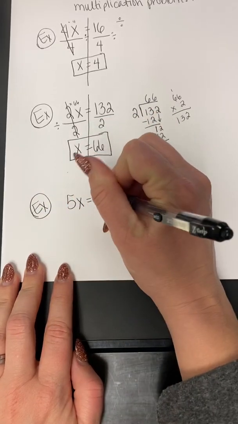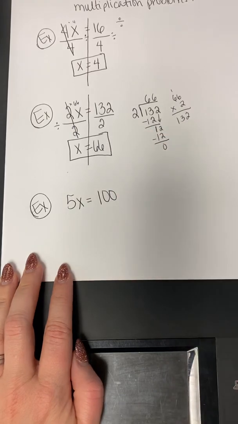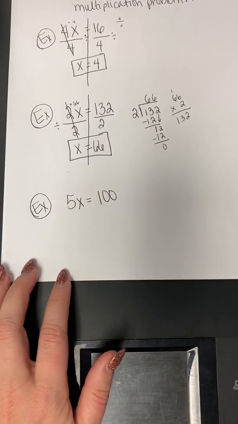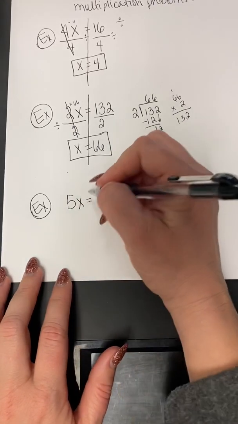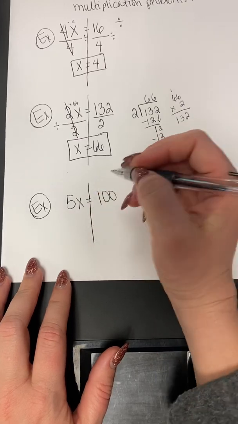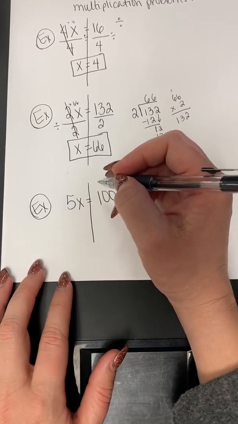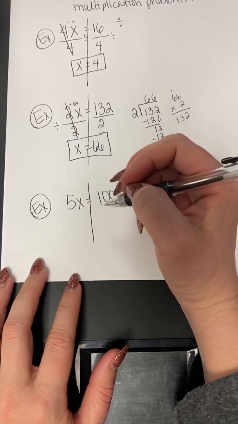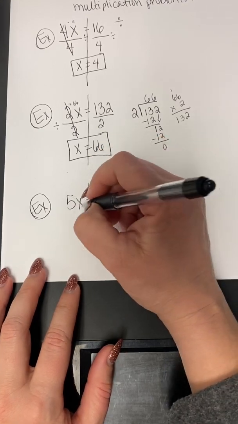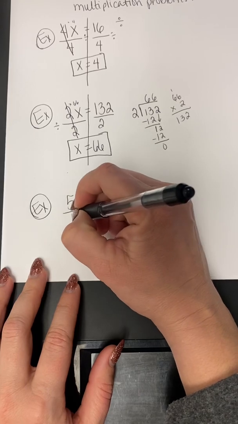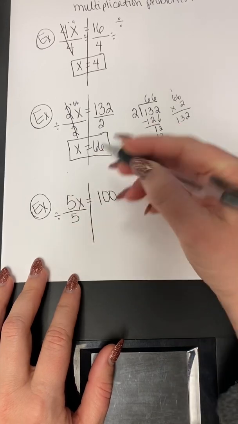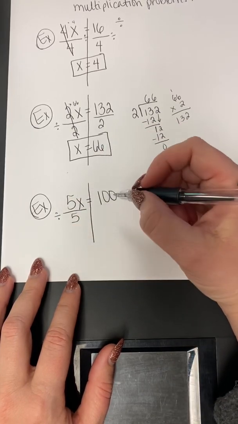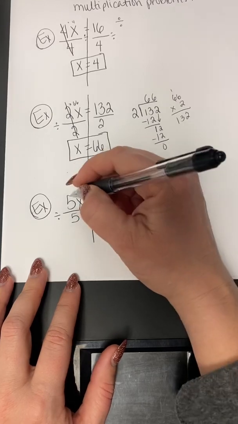5x equals 100. What's our variable? It's x. What's keeping x from being by itself? The times 5. What's the opposite or the inverse operation of multiplication? It's division. And we want to divide by whatever number is keeping x from being by itself, which here is 5.